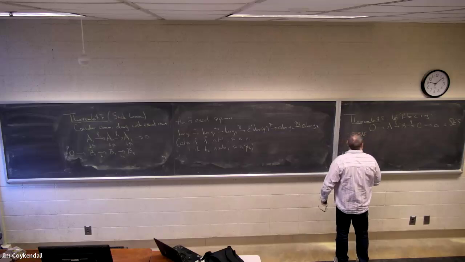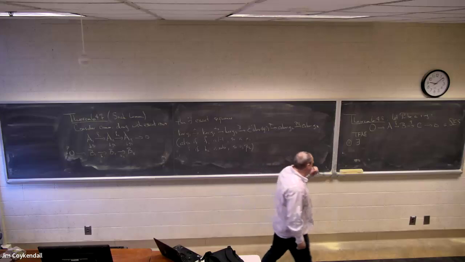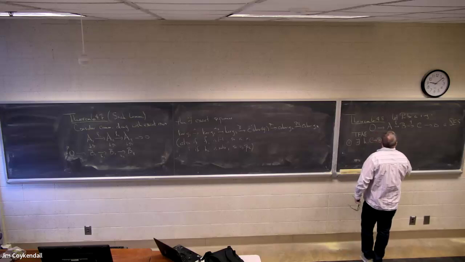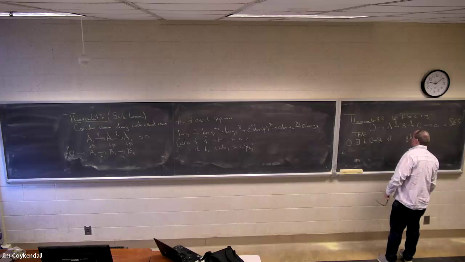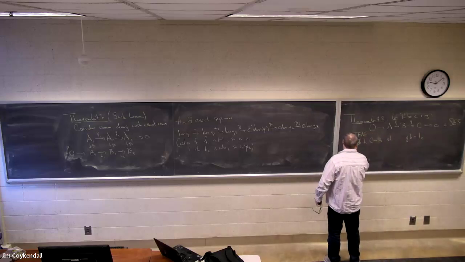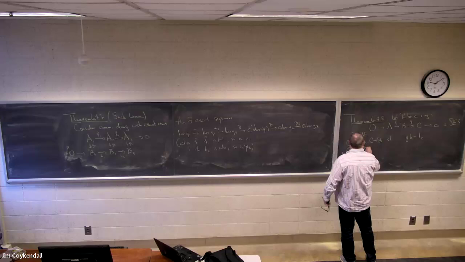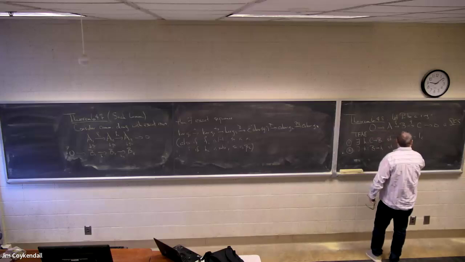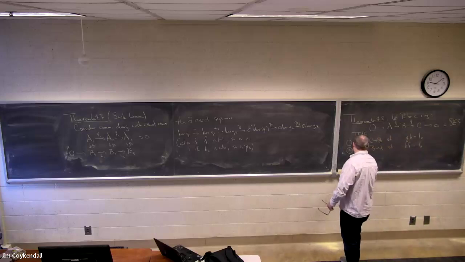Number one, there exists H from C to B such that when you do G and H, you get the identity on C. Number two, there exists K from B to A such that when you do K and F, you get the identity function on A.